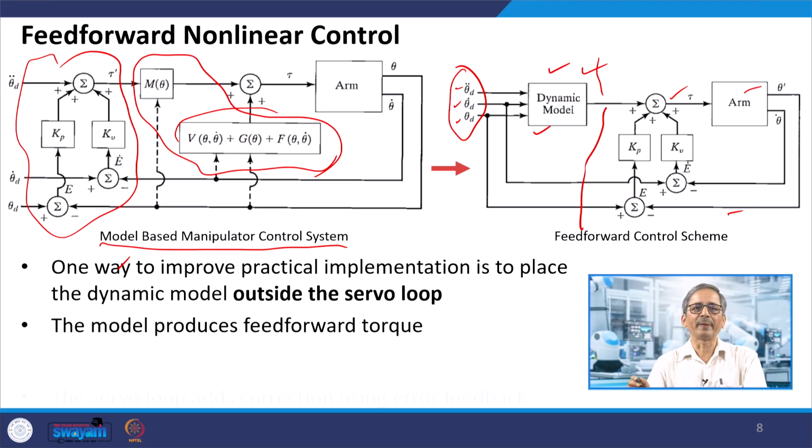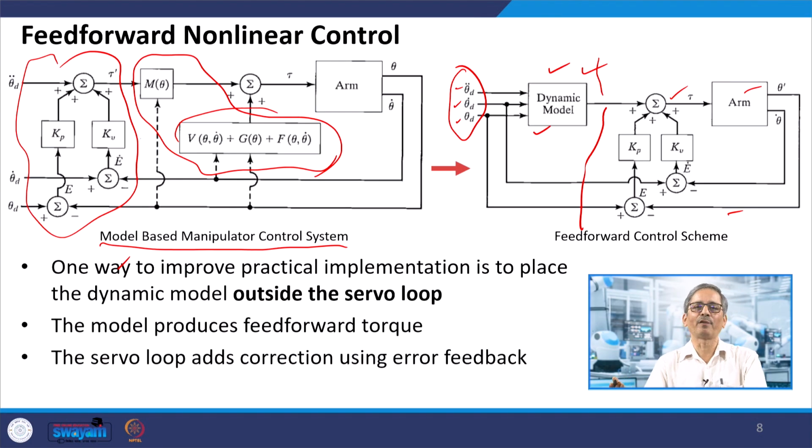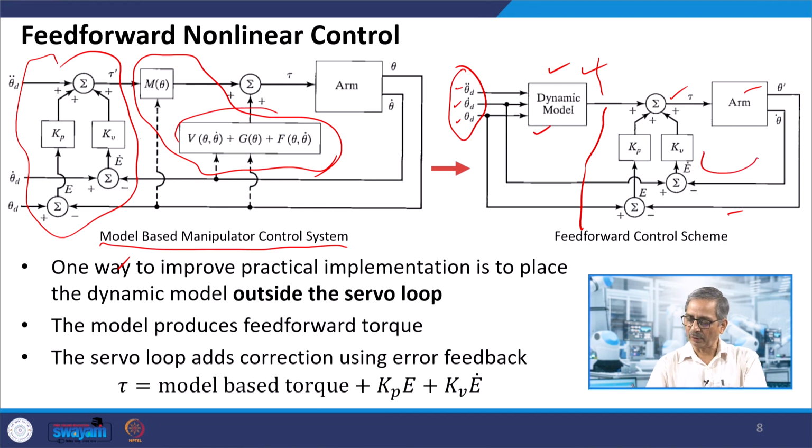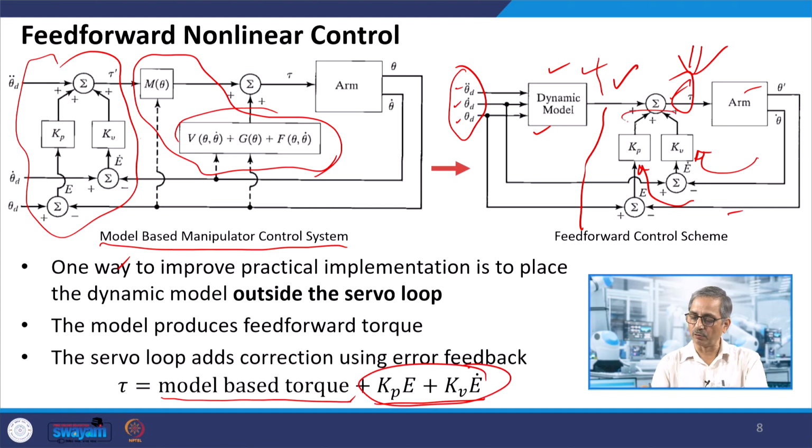So, the model produces the feed forward torque, and the servo loop adds corrections using the error feedback coming from here. So, this error feedback is incorporated into the servo loop. Basically this torque is the model based torque which I am getting from here, and this torque value I am getting from my servo loop, that is from this portion.